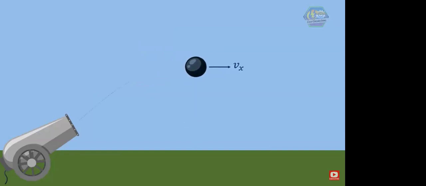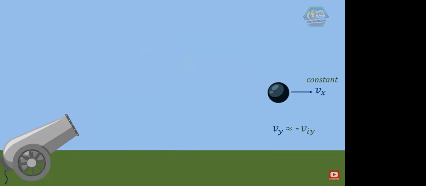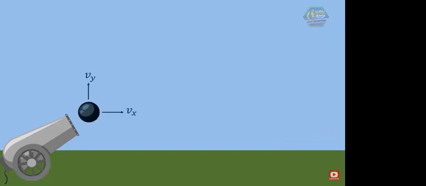The cannonball continues its parabolic path, experiencing a motion going downward while going to the right. This time the velocity along the x direction is still constant, but the velocity along the y direction approaches the same value as the initial velocity along y, but in negative value to indicate that it is going downward, until the ball reaches the ground.